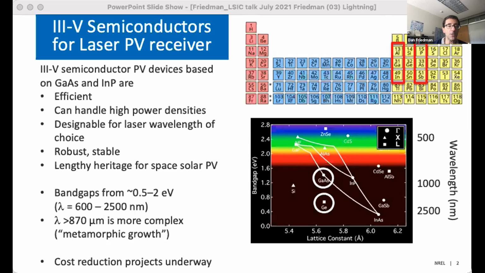What's important for me to communicate is that there are significant cost reduction projects underway. There's certainly a big one at NREL, and there are efforts throughout the III-V community, which I could talk more about if people are interested, aiming to bring those costs down by at least an order of magnitude. Next slide, please.